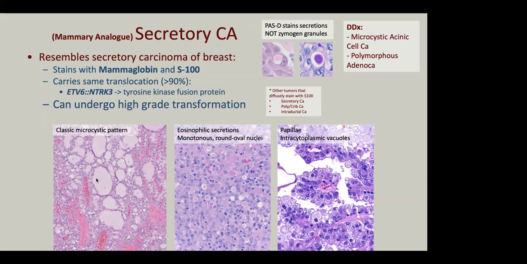You can see in the lumen, you have this very watery secretory material. Sometimes it's inspissated and thick. Sometimes it has a micropapillary pattern. So think secretory when you see this kind of microcystic pattern, S100, mammaglobin.